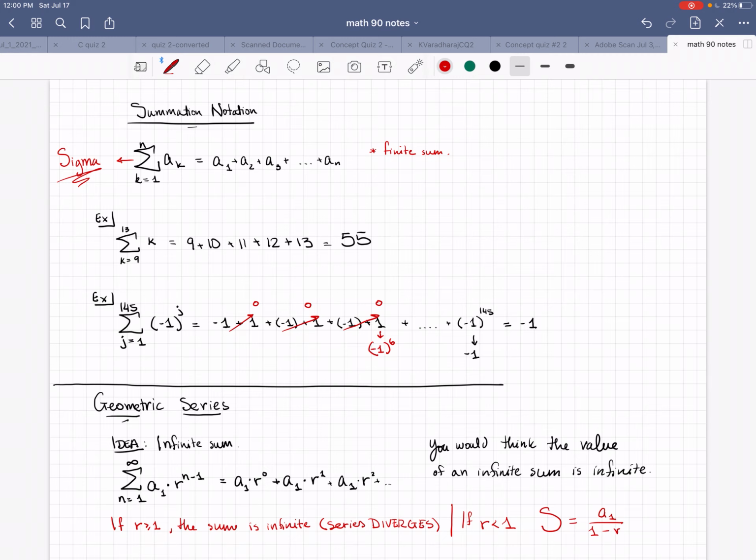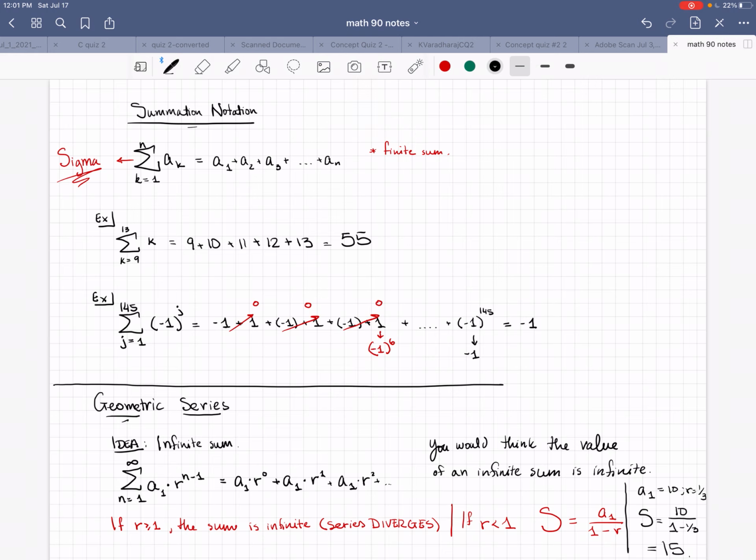So we're going to call the sum capital S, and it's going to be a sub 1 divided by 1 minus r. So for example, if we go back to that very first example of a geometric sequence in which a sub 1 was 10 and r was 1/3, the sum, if we added the terms together, making it a geometric series, would have been 10 divided by 1 minus 1/3, which is 10 divided by 2/3, which is actually 15.